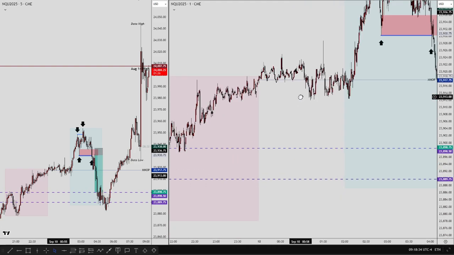Well, I can't just give you a fixed handle amount because, in a year from now, if I say 20 handles today, when the Nasdaq's trading at 27,000, 20 handles of right now volatility versus 2 years from now, 20 handles is going to be a different value relative to the average range.